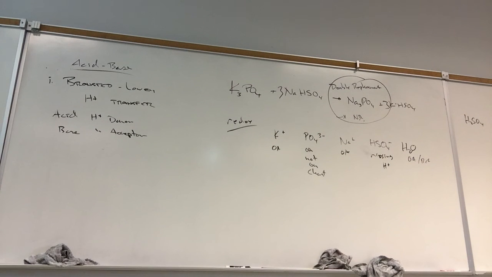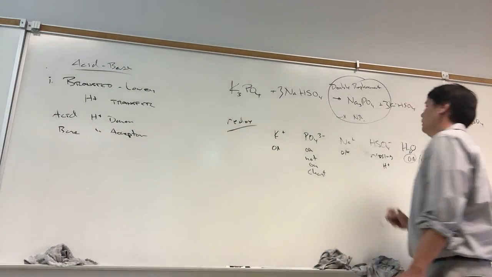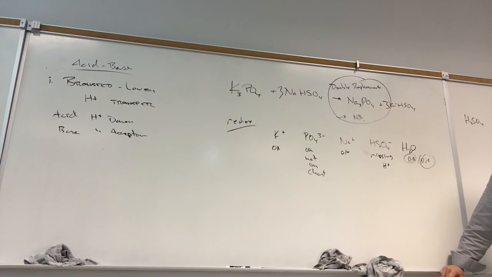Probably the strongest OA might be phosphate, but phosphate's not on here, so we'll just use the next best one. Strongest OA, well, there's sodium. It looks like water. The strongest RA, it looks like water. So the reaction would be the strongest OA is water, the strongest RA is water.